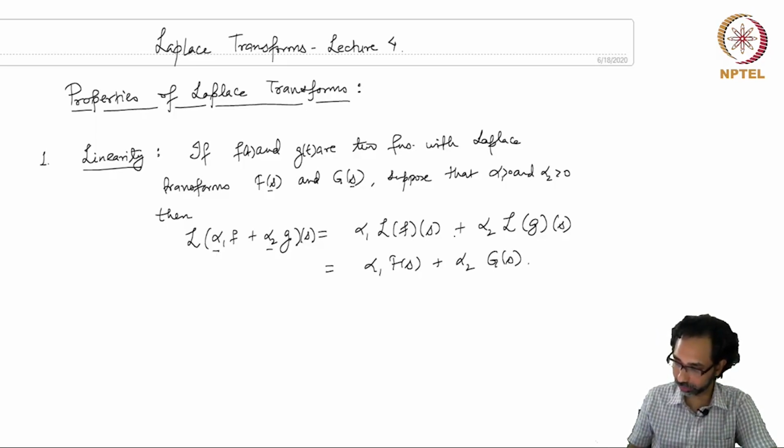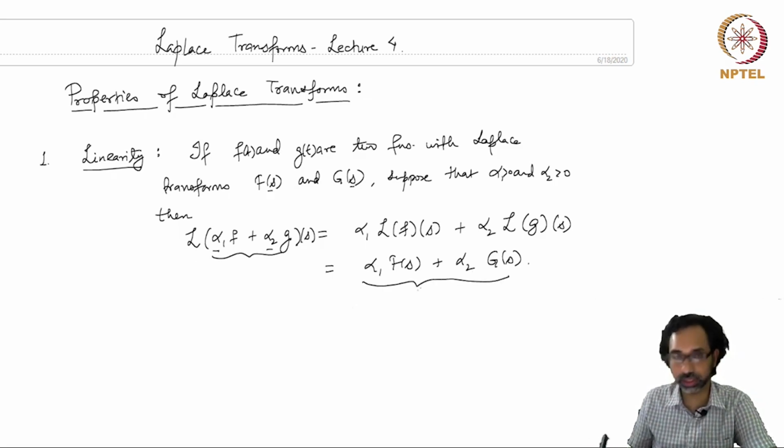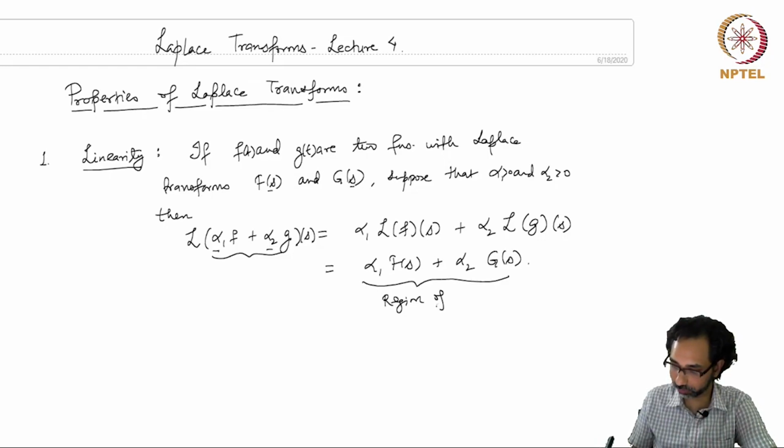So, here we should mention what is the region of convergence for the Laplace transform of this function. What is the region of convergence of alpha 1 F(s) plus alpha 2 G(s)?